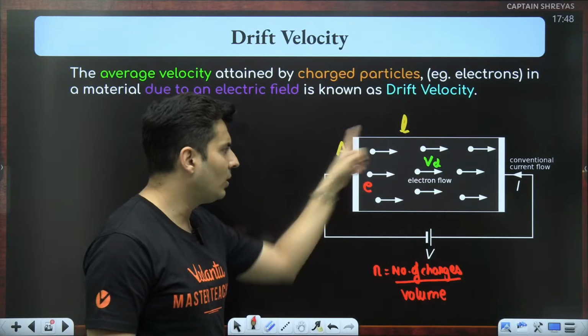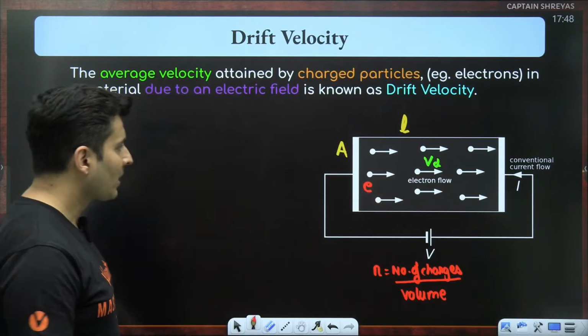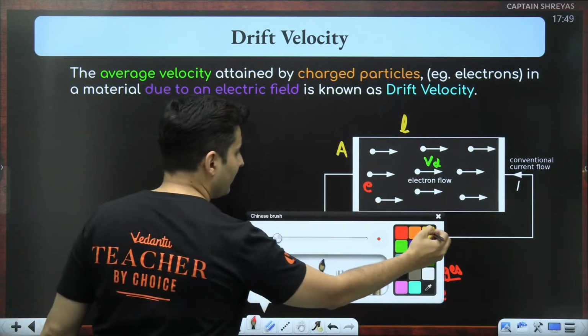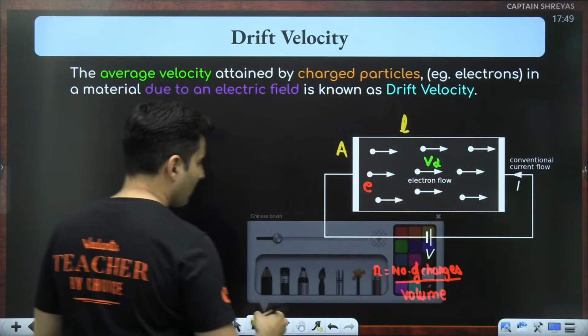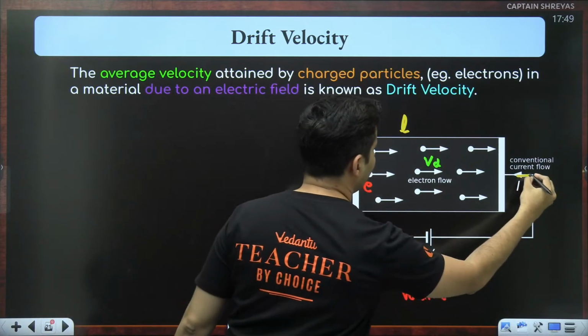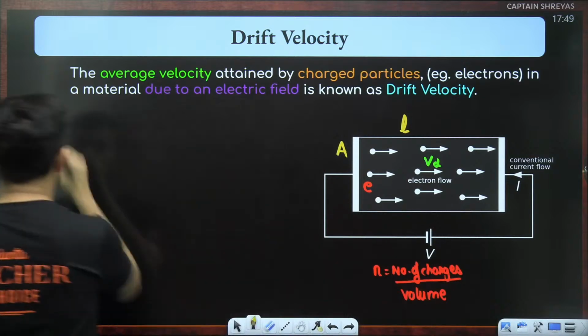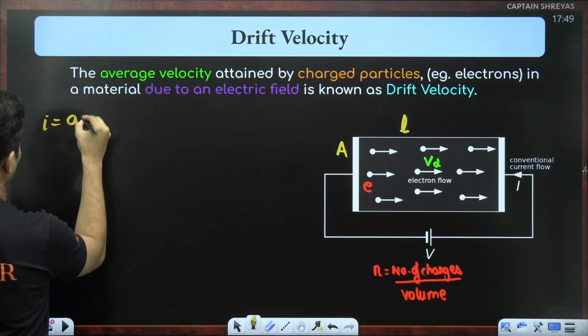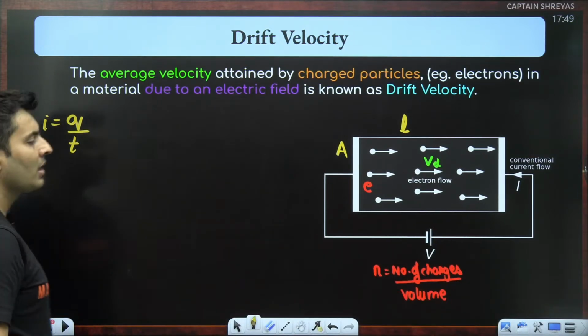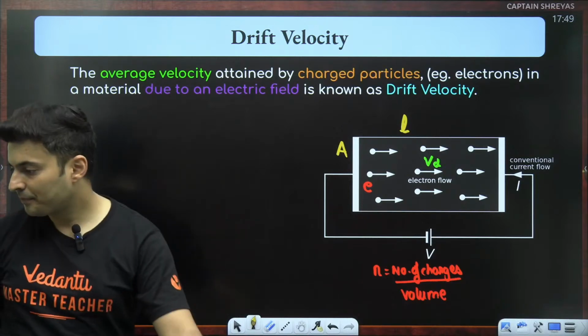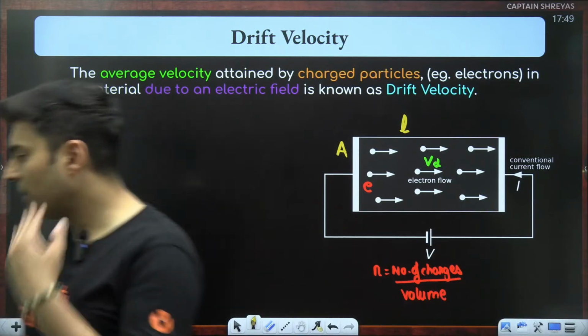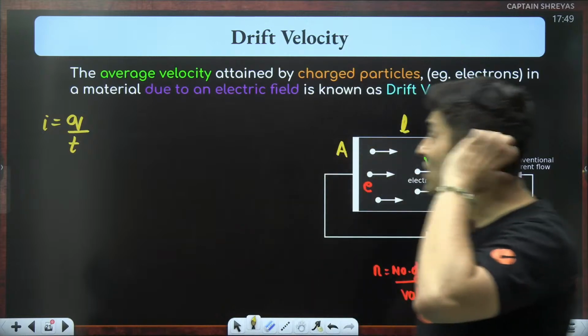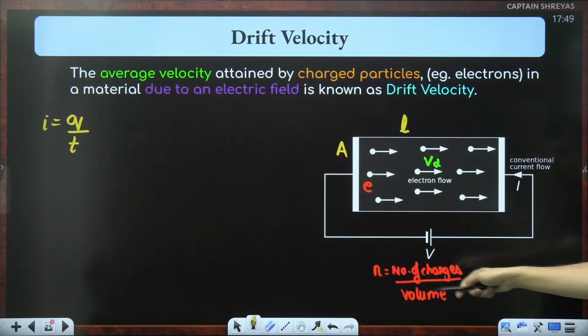So how do I relate all these numbers with each other? First of all, I start off with the definition of current. Current flowing through it is the total charge by the total time. Everybody with me? Can I write charge in terms of some other variables, in terms of e maybe?